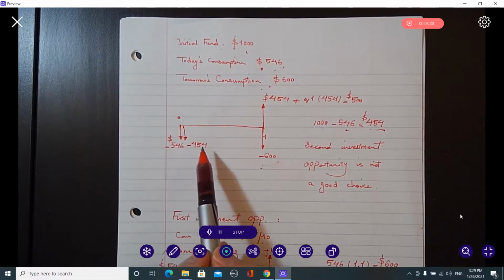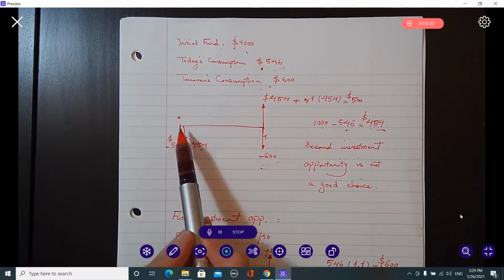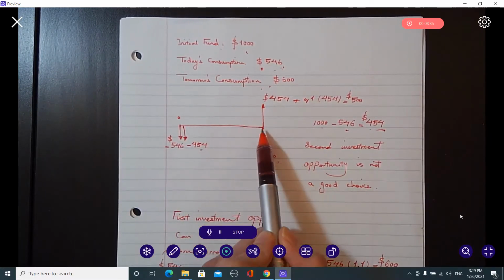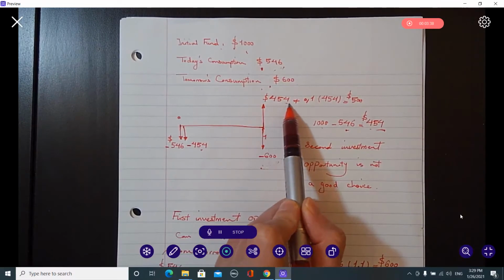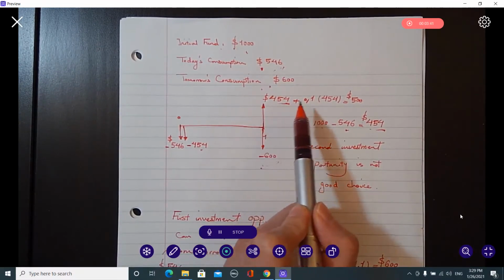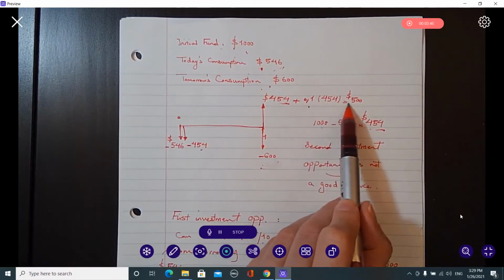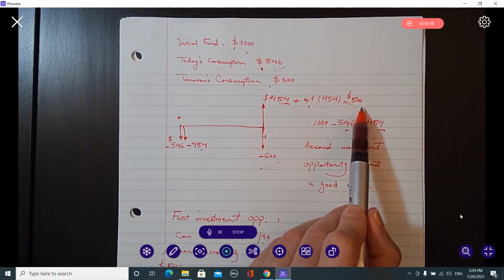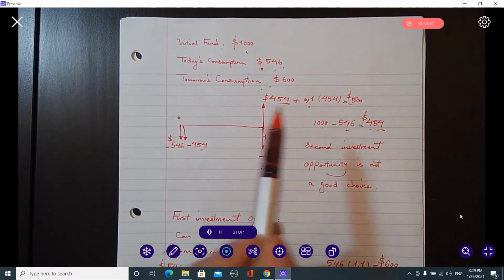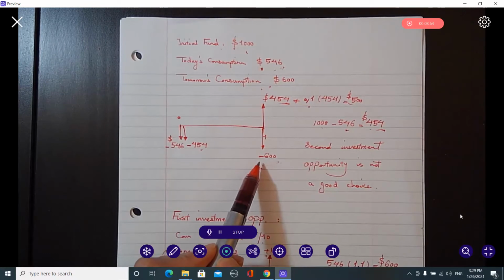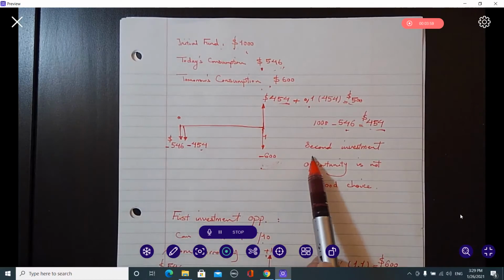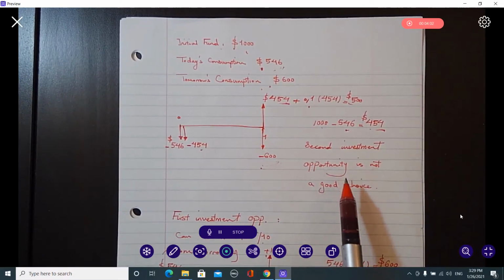This is another cash outflow at time zero. After one period, he receives not only the initial amount that he invested, but also 10% interest on it, and he will approximately get $500. But as you can see, in time period 1, his consumption is going to be $600.